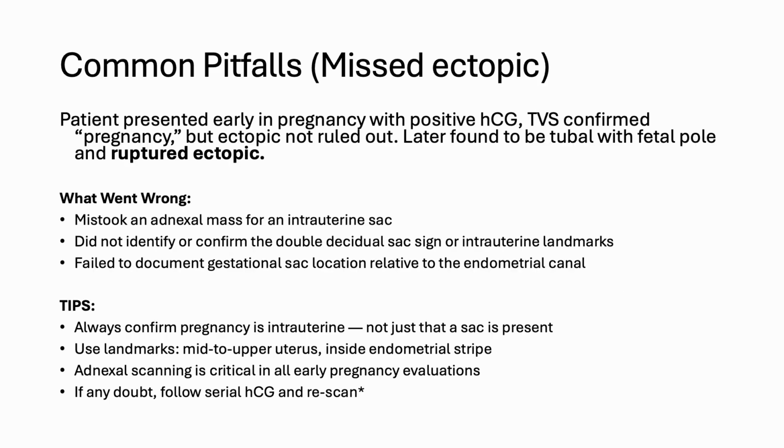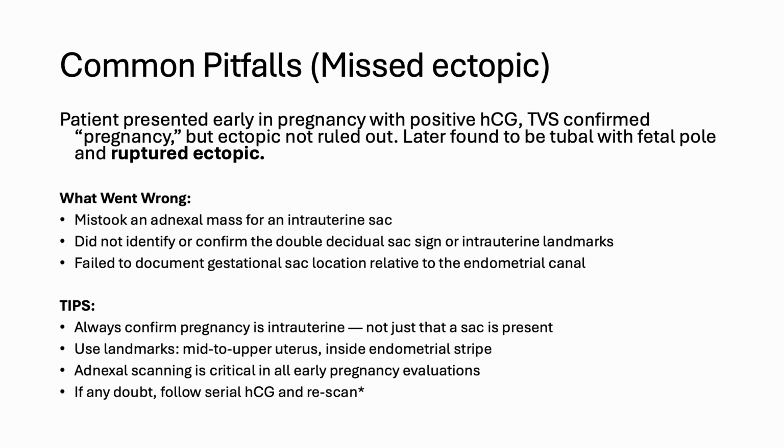So let's talk about a common pitfall with missed ectopic. So a patient presented in early pregnancy with a positive HCG. A transvaginal ultrasound confirmed a pregnancy, and ectopic was not ruled out. Later, it was found to be a tubal pregnancy with a fetal pole and a ruptured ectopic.